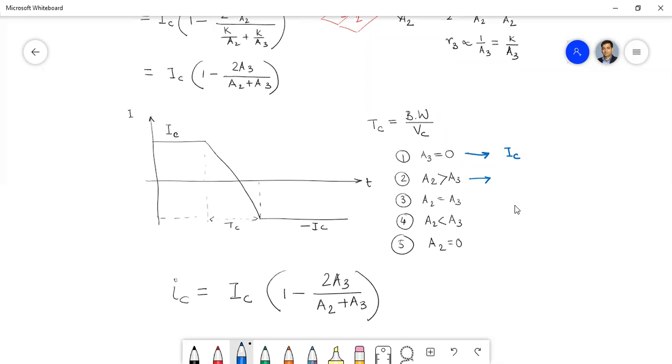Now take a particular time instant when only 25% of the brush is in contact with segment 3 and 75% of the brush is in contact with segment 2. Then what will be the value of the coil current? Can you tell me?